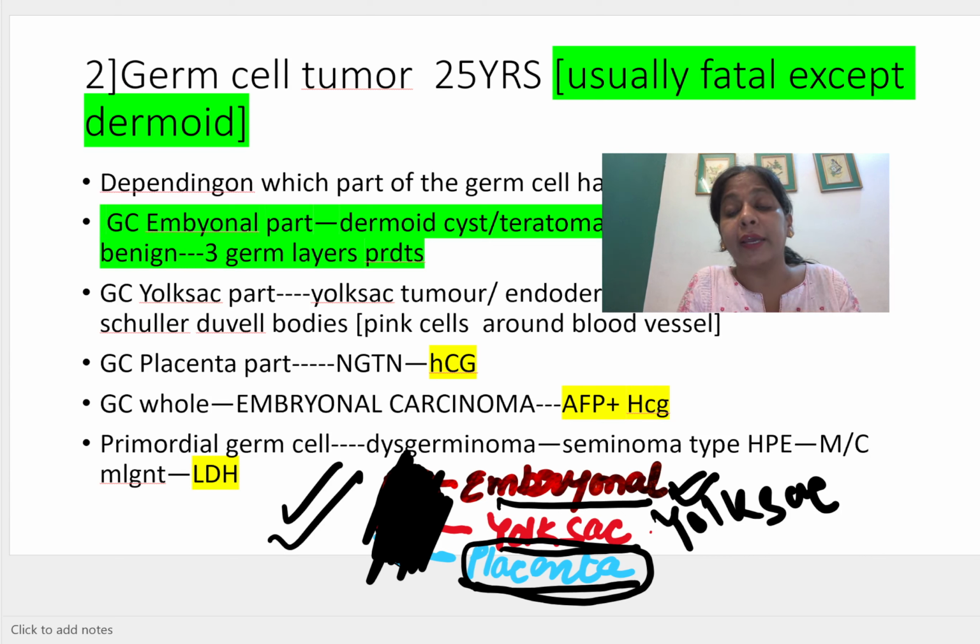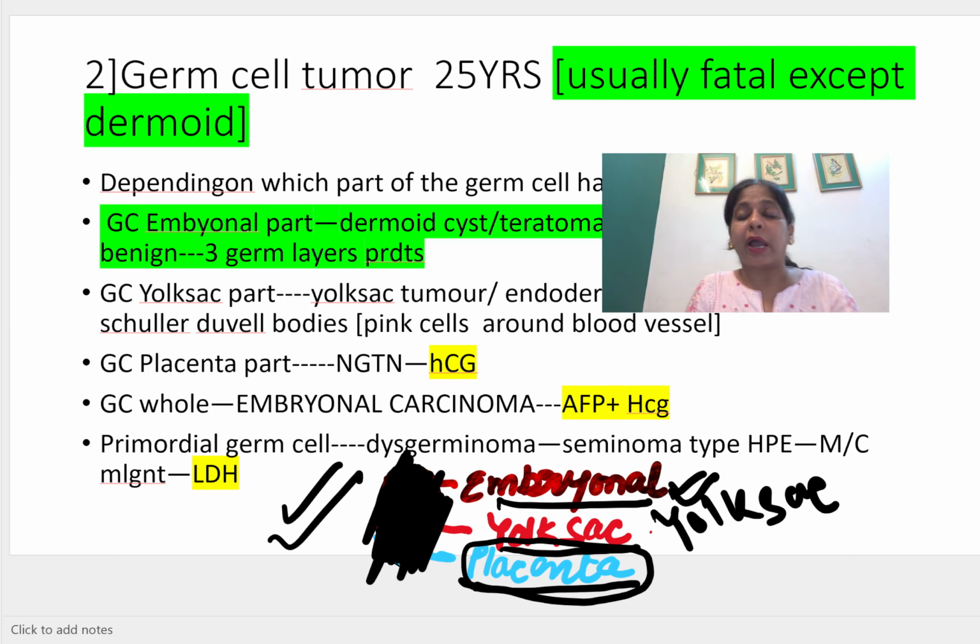The tumor marker here will be LDH. So the tumor marker of dysgerminoma is LDH, and the histopath finding is the same as that of the seminoma: large cells with large nucleus and lymphocytic infiltration.